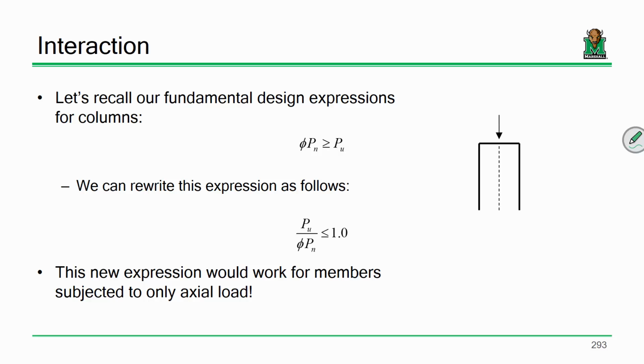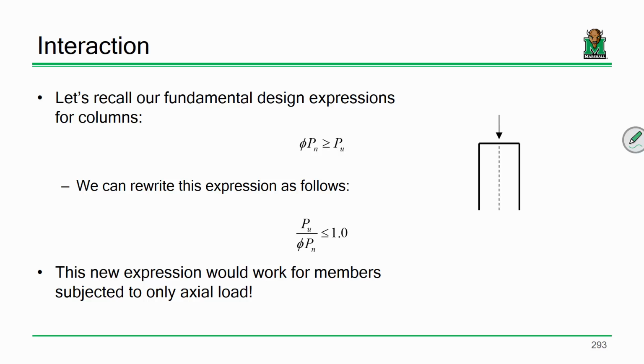Let's deal with this non-dimensionally and divide everything out. So another way of writing that is the load over the resistance, that ratio, must be less than or equal to 1. Is that a fair point?